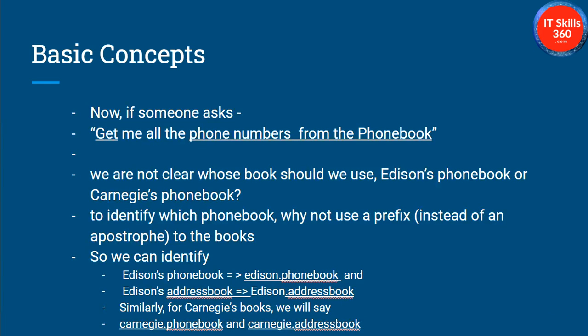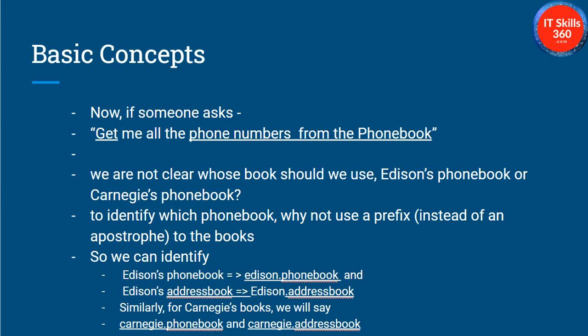So if somebody asks us a question, get me all the phone numbers from the phone book, well, now we are in trouble, because we are not clear whose book we should use, Edison's phone book or Carnegie's phone book, from where we should get the phone numbers.